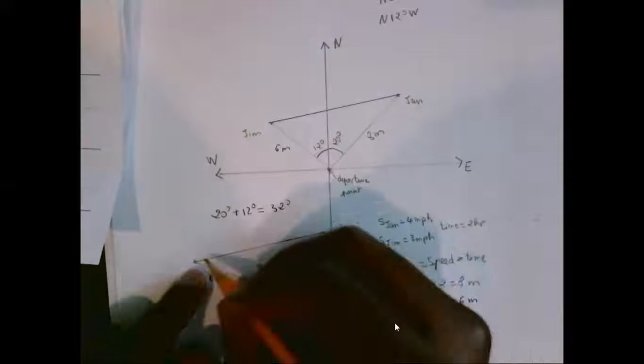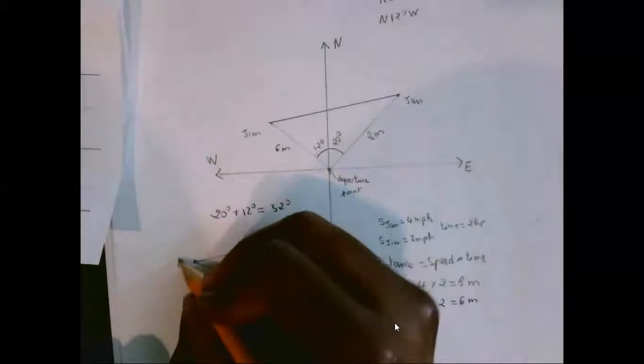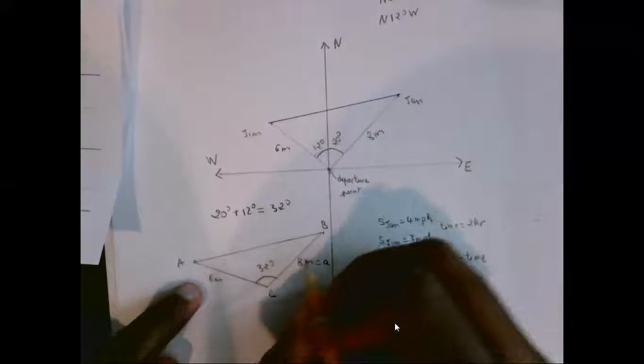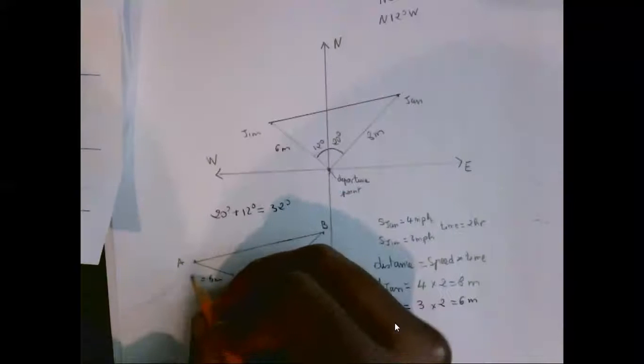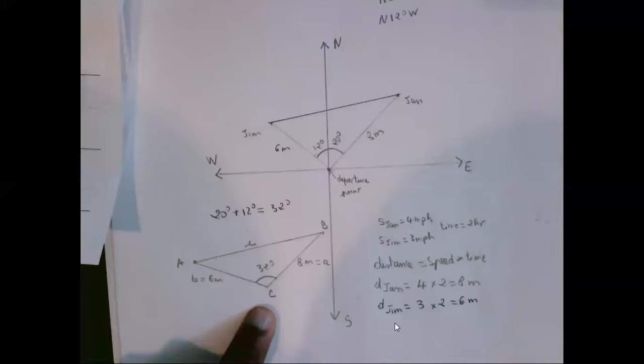So we can label those sides. We can call these angles A, B, and C, and this side here small a, this side here small b, and this side here small c.